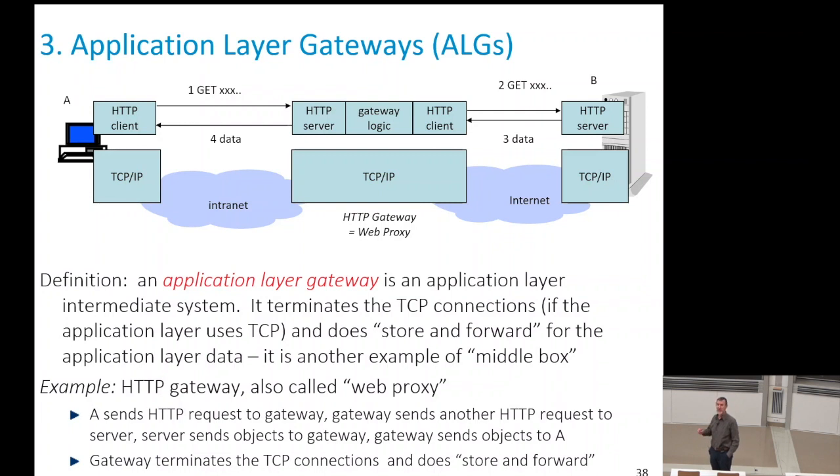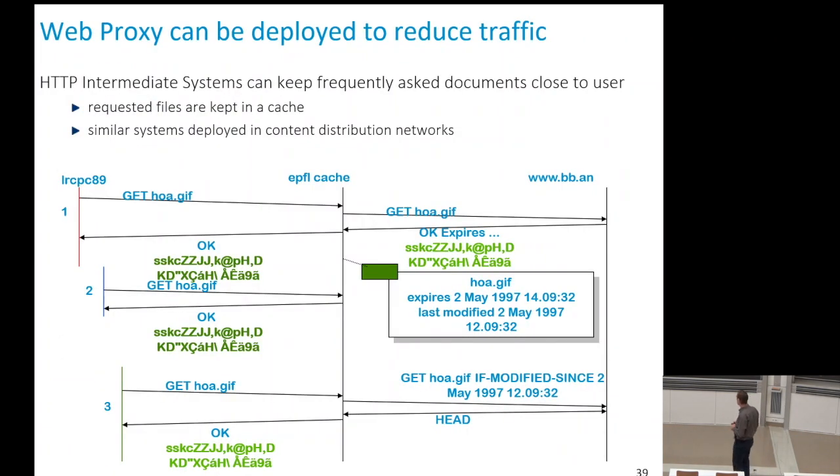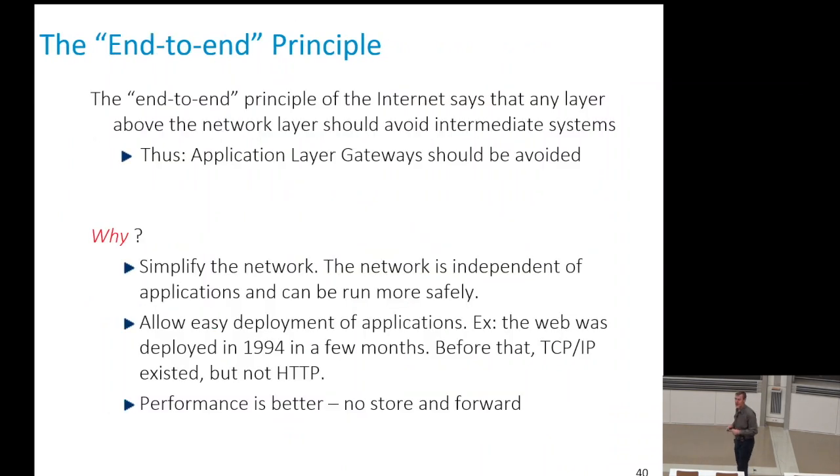So performance enhancing proxies are due to, in some sense, the fact that we were not able to engineer congestion control in a way that does not have these problems of RTT unfairness and problems when the losses are not due to congestion. So that is the example that was suggested to use a proxy to reduce traffic.